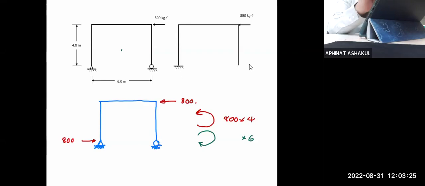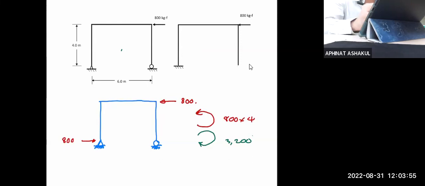So essentially, that's the moment we're looking for. But now you need this 3,200 to balance the system.